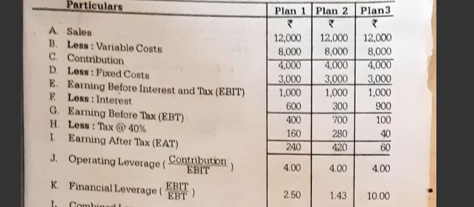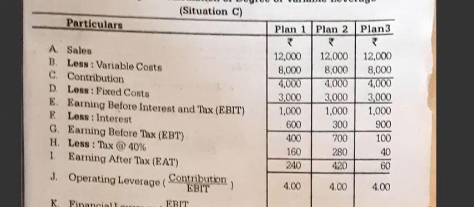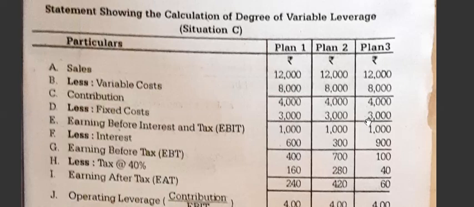Now calculate situation C. Situation C, the fixed cost will change now, 3,000 for all. Then interest will be same for all the three plans. Okay. So same thing. See, sales you will write the same thing. Variable cost once you calculated, the same thing will continue, 8,000, 8,000. Then fixed cost you have to check for situation C, how much. It will be 3,000 for all the 3 plans. Then deduct the interest as we have calculated.